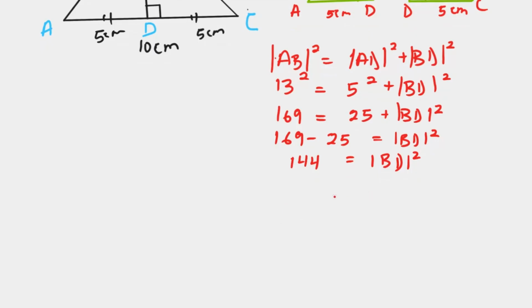So I have to find the root on both sides. The root of 144 will give me 12. So you have 12 equal to BD. Remember, the square will cancel the square root. So that means BD is equal to 12 centimeters.